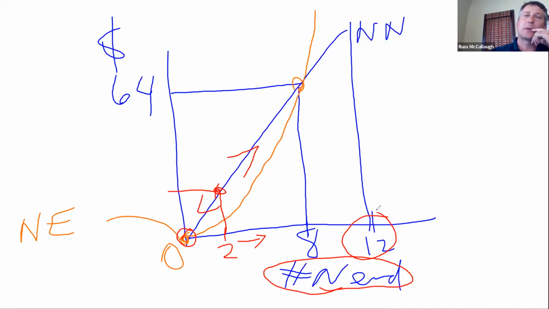So left or right? Who's going to be, got a question mark to the right. So let me phrase it differently. Who's willing to pay more to live in the neighborhood? A non-nerd or a nerd? Remember, the non-nerd line is the blue one. The nerd line is the orange one.